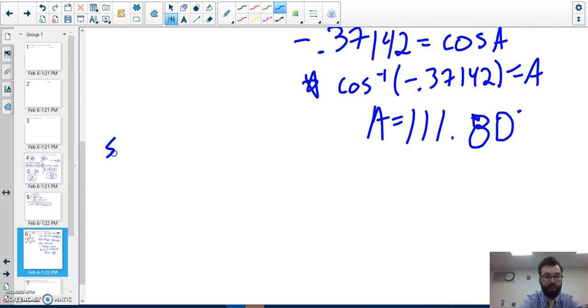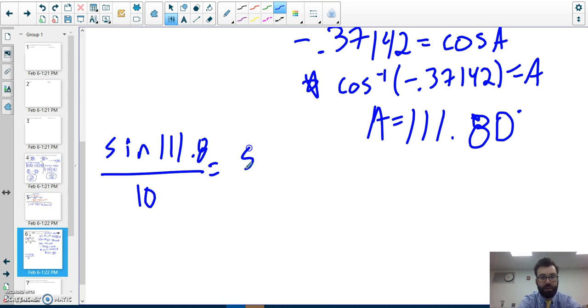So sine of 111.8 over 10 equals sine of B over 7.